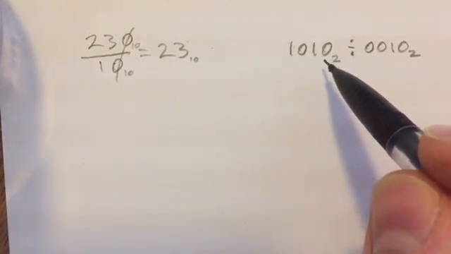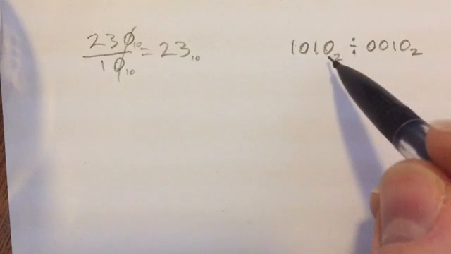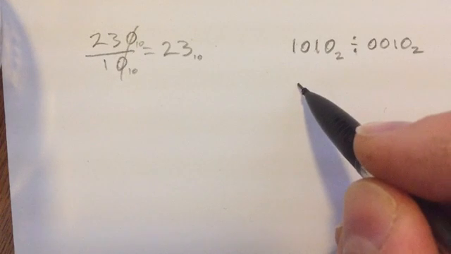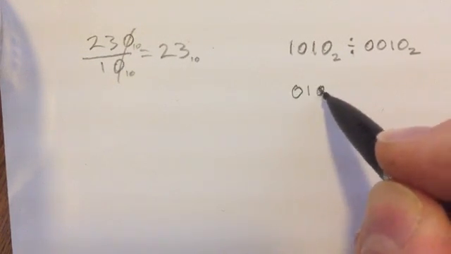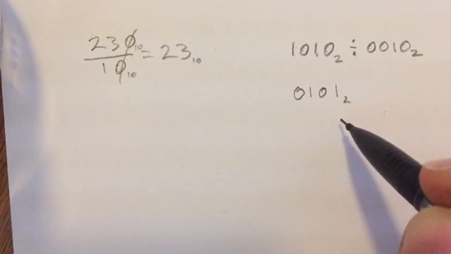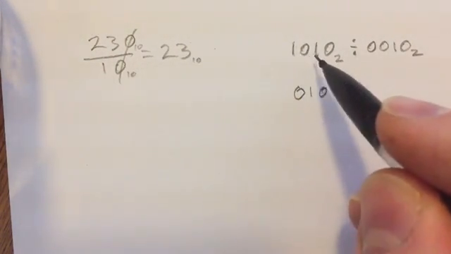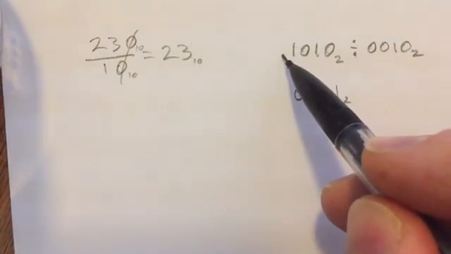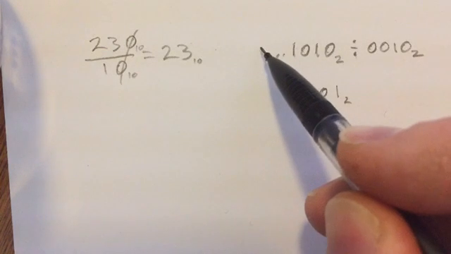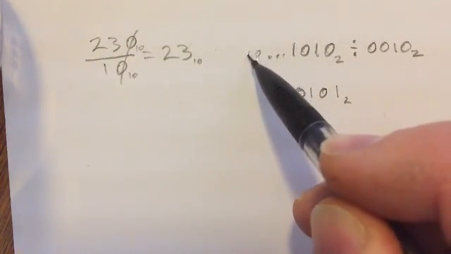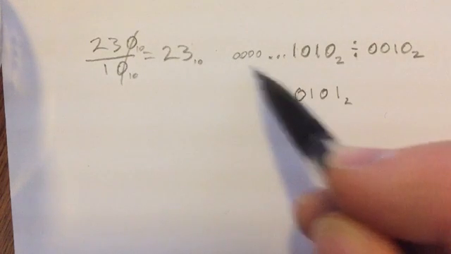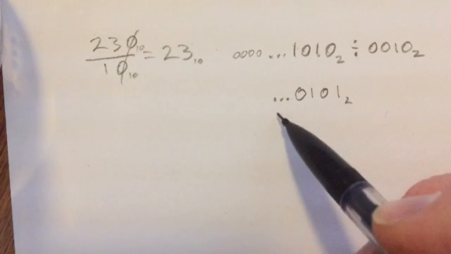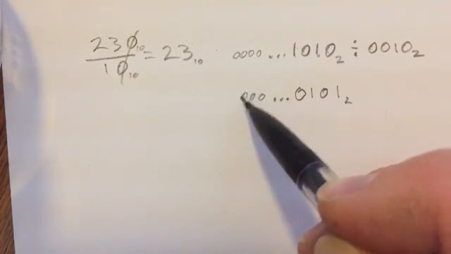The general idea is that we want to divide 10 by 2 and get 5. Let's write 5 out: 0101. Hang on. We just moved this over. And what happened is, way back at the highest bits of this register, there's a bunch of zeros.